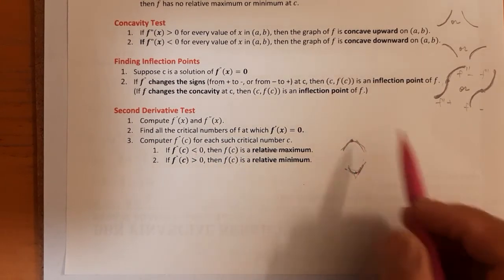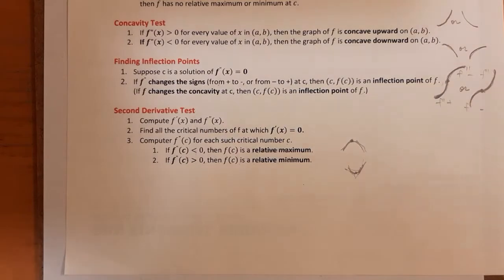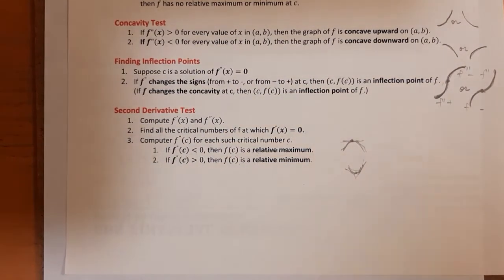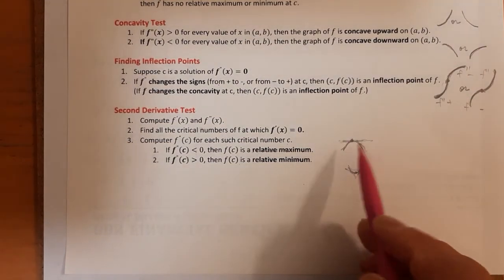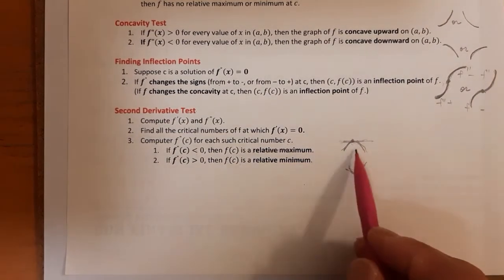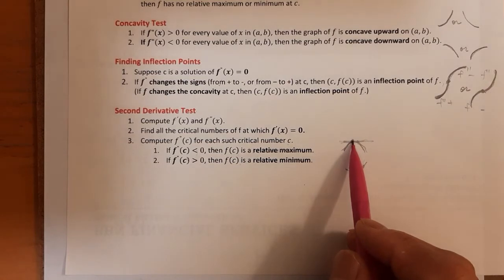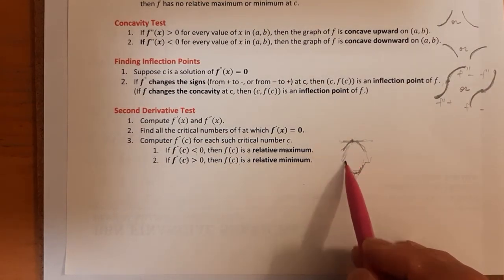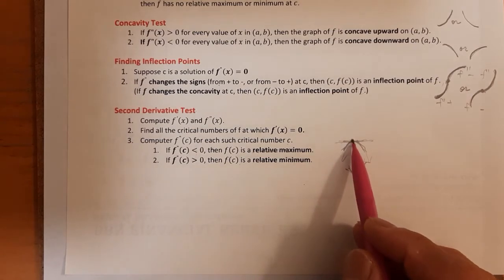This point makes the first derivative equal 0, so the slope is a horizontal line. The tangent line slope is 0, and the second derivative is negative, concave downward. So this is a relative maximum point because all the function is below this.